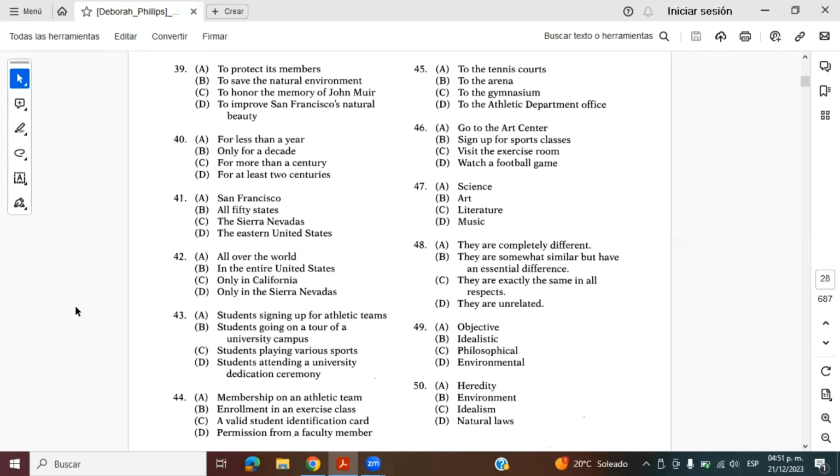Number 39. What is the main objective of the Sierra Club? Number 40. Approximately how long has the Sierra Club been in existence?